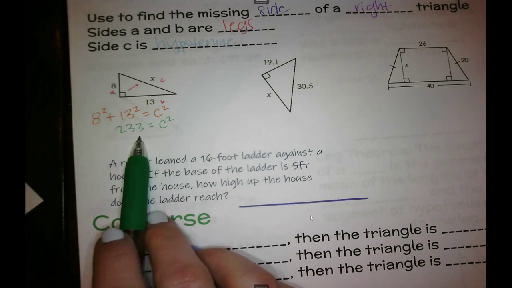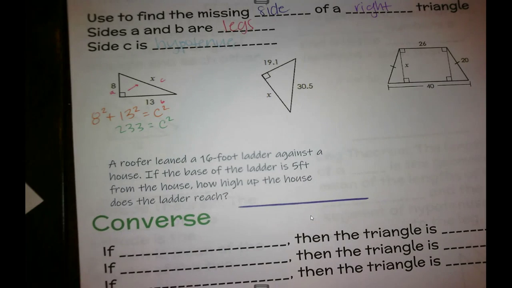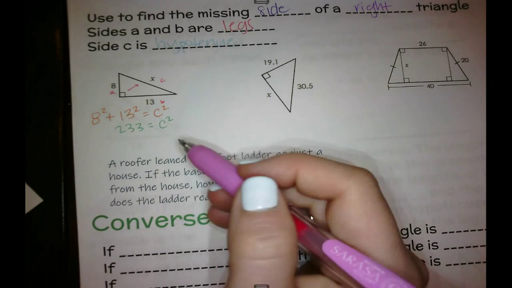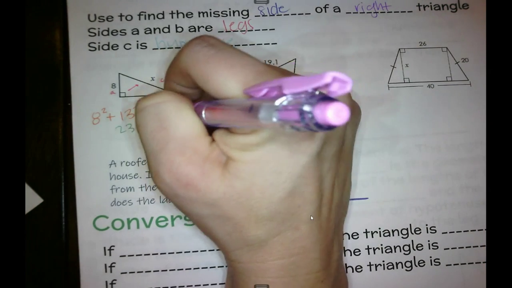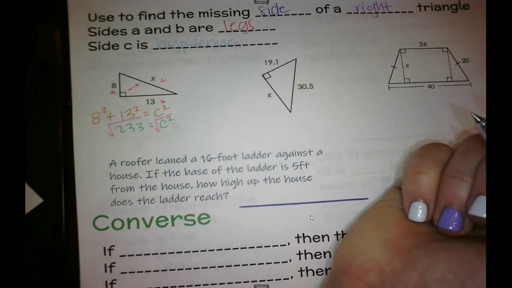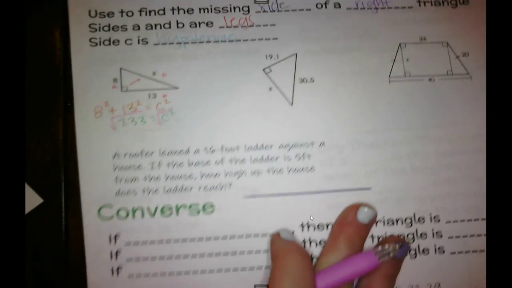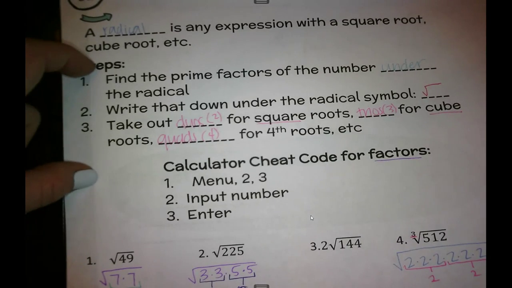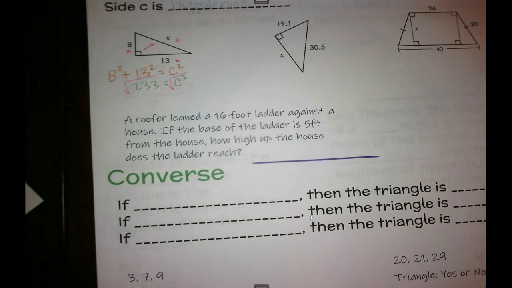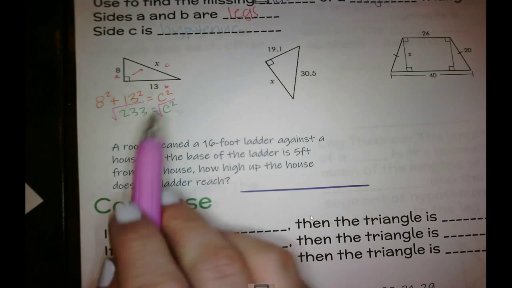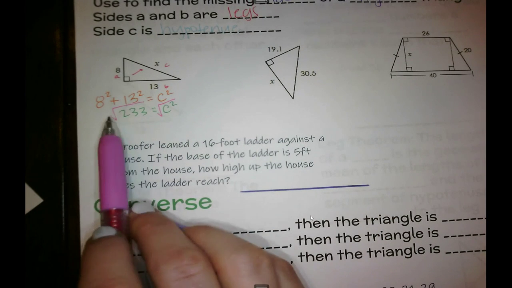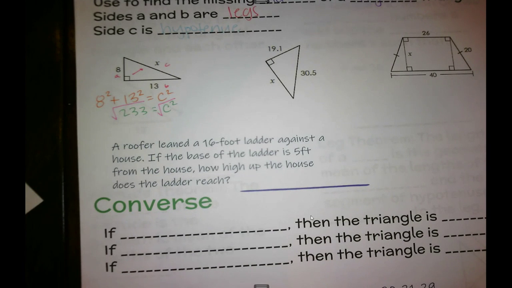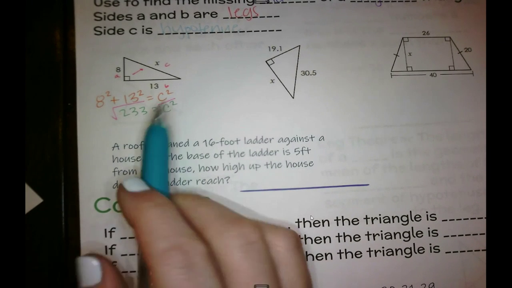Okay. Now, to get C, or X, we need to take the square root of both sides. And this is where we need to go back to simplifying our radicals and follow our steps, because we're not going to be putting decimal numbers, which, if I took the square root of 233, it'd give me a decimal number. We are going to do the simplified version of this radical.